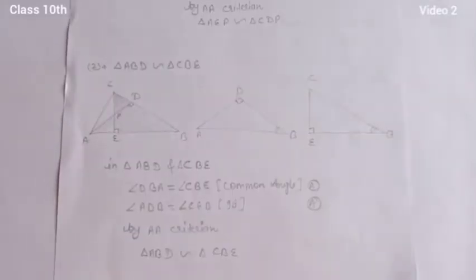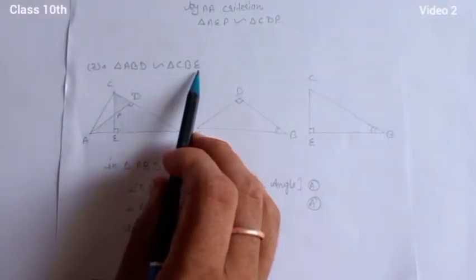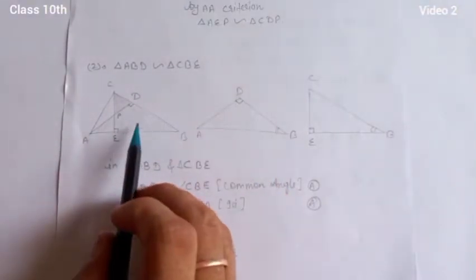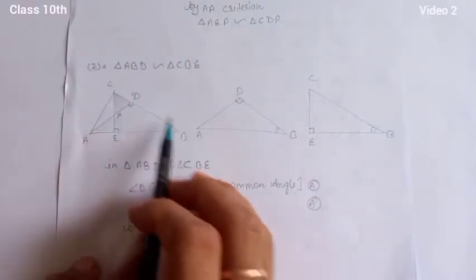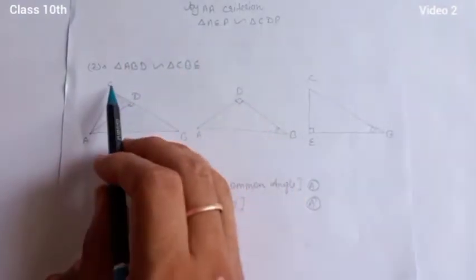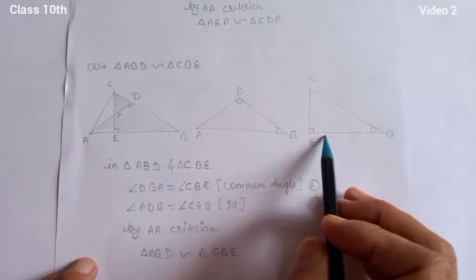Now the second part: triangle ABD is similar to triangle CBE. We have to prove this. So students, here the figure is drawn the same, and we have to show that ABD, this whole shaded part, and the other, CBE, this whole part, are similar. The same copies of the triangles are drawn here.